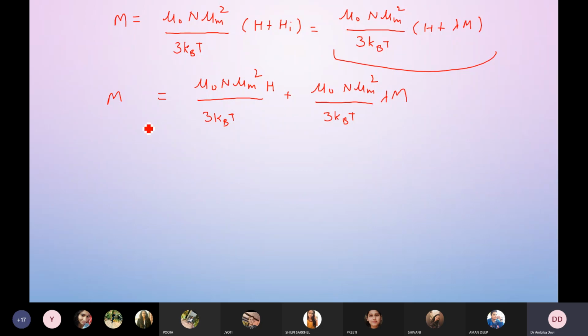Now let us do one thing. Let us keep the terms containing M on one side and other terms on the other side.